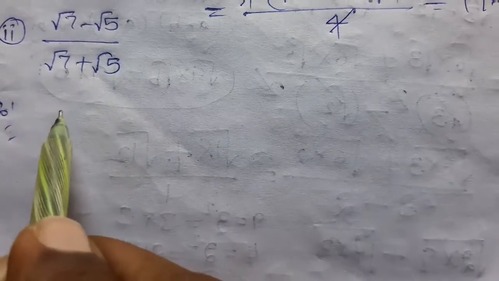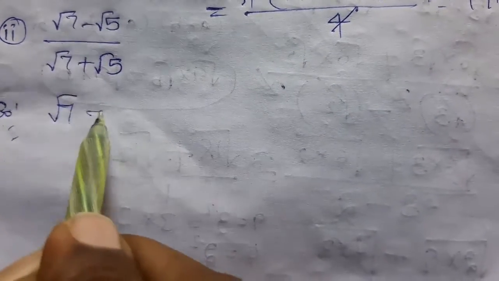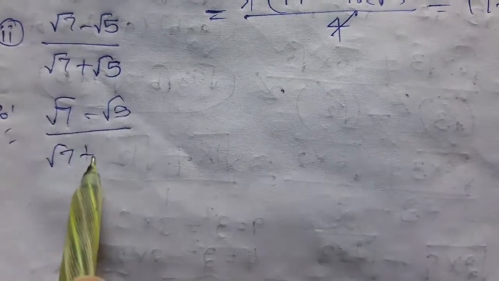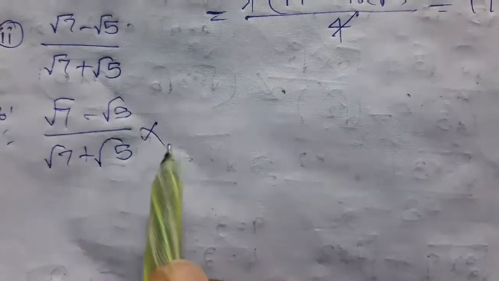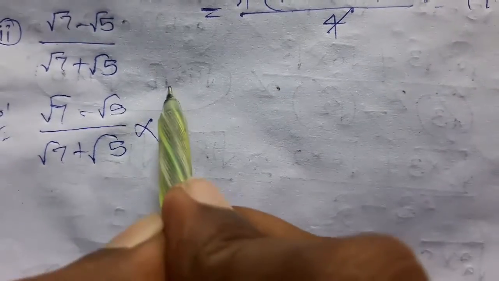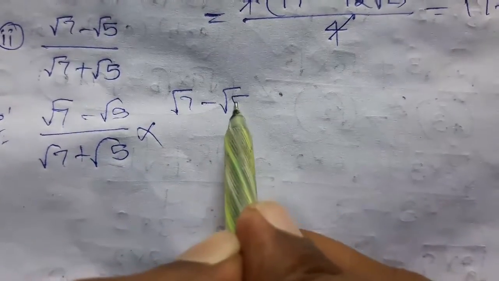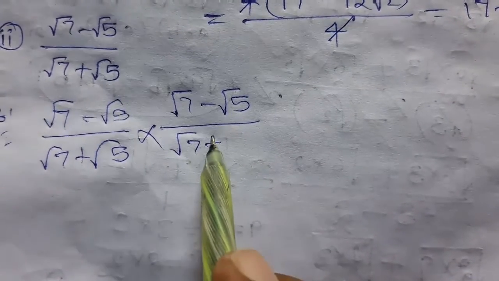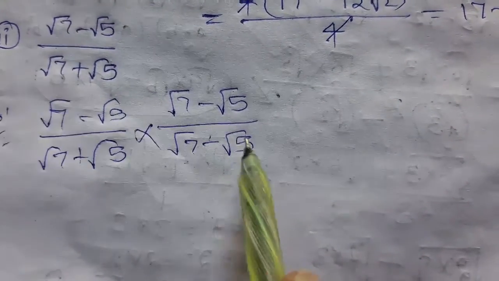Solution of this: (root 7 minus root 5) by (root 7 plus root 5) into (root 7 minus root 5) by (root 7 minus root 5).